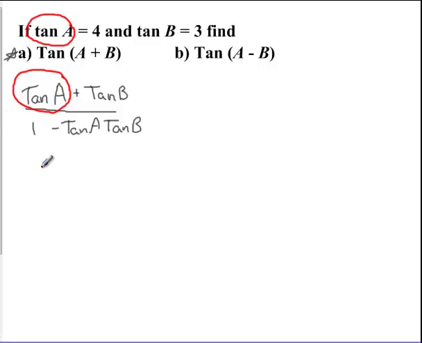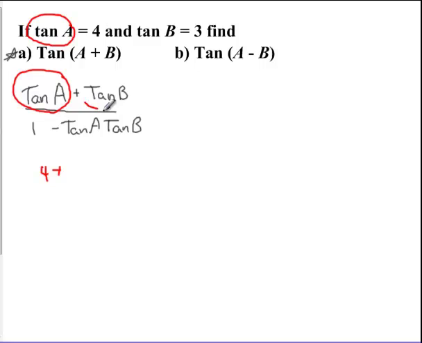So that gets replaced with a lovely 4. Don't do this. This is what I see kids do. Oh, the tangent of 4. No, they're not asking me to take the tangent of an angle whose measure is 4. They already told me the tangent of this angle A is 4. They've done it for me. So don't put the word tangent there.